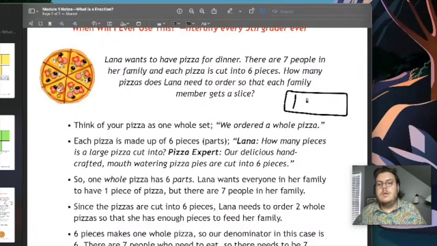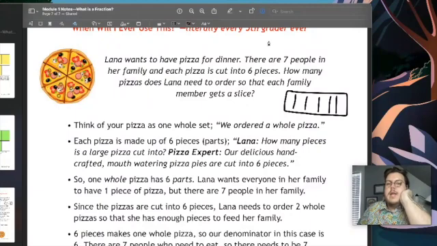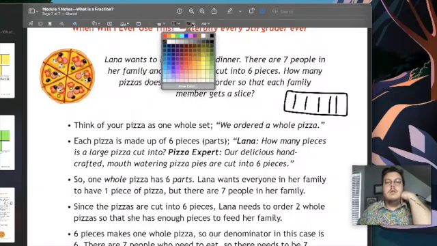1, 2, 3, 4, 5. Is that 6 pieces? 1, 2, 3, 4, 5, 6. Yes. Okay. And we know that Lana has 7 family members. Okay, let's make our dots green.